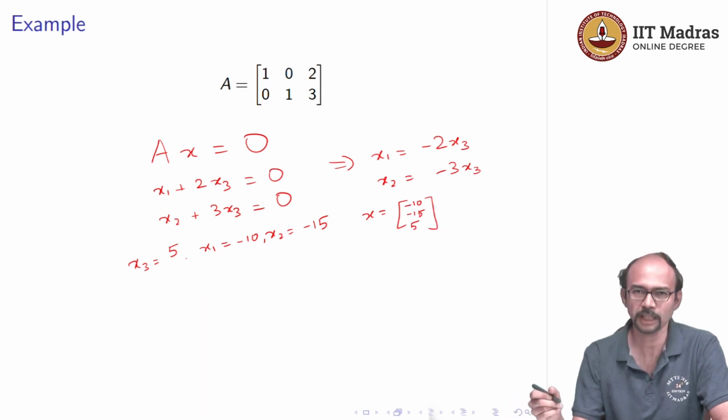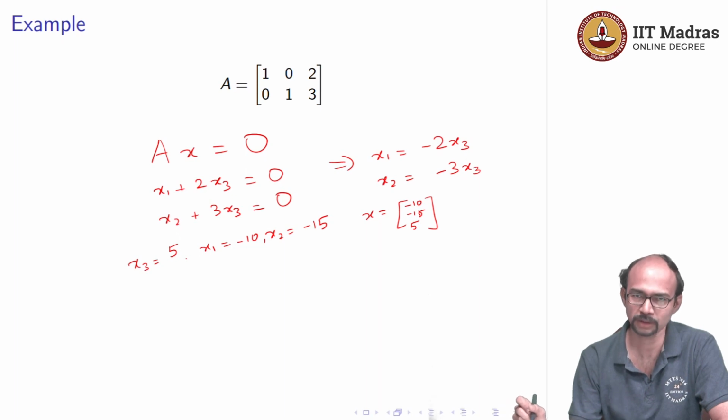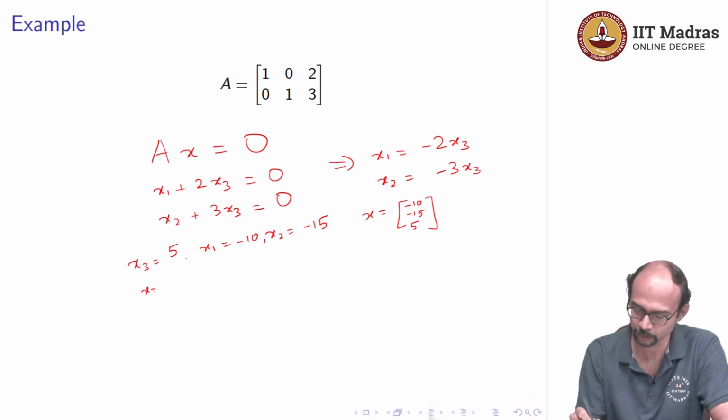Now 5 was an arbitrary choice for x3; I could have used some other number. So for example, if I use x3 is c, then I get x1 is minus 2c and x2 is minus 3c.